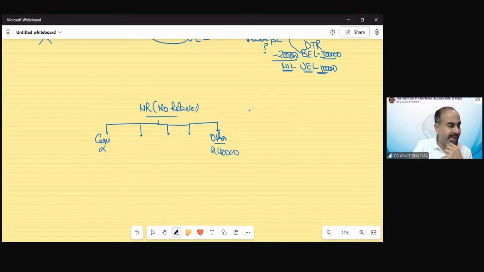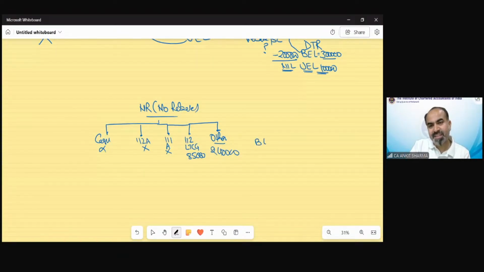And the long-term capital gain, because section 111A or 112A has not been given in the question, this would be treated as long-term capital gain, 85,000 from sale of vacant land. Clear?